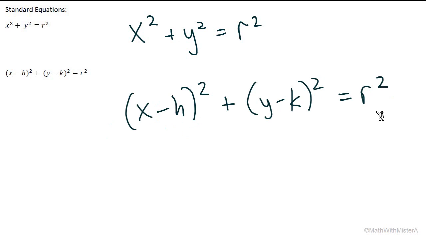The radius is still found by our quantity on the right side, taking the square root, and our center is at the point (h, k). Yes, we were using it for a vertex at (h, k), and now we're calling it the center of a circle. We will know whether it's a vertex of a parabola or the center of a circle by the context. Remember, a circle has x squared and y squared. The parabola we just looked at had either x squared or y squared, but not both.